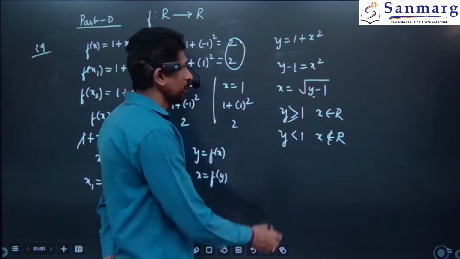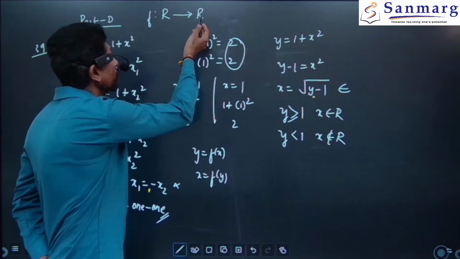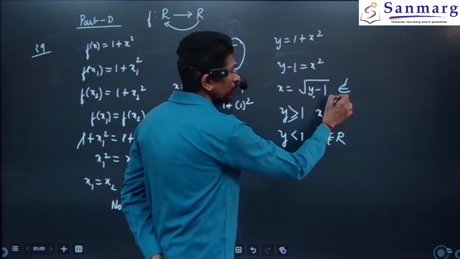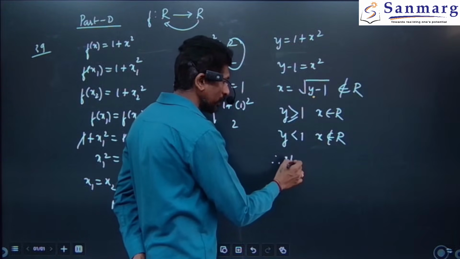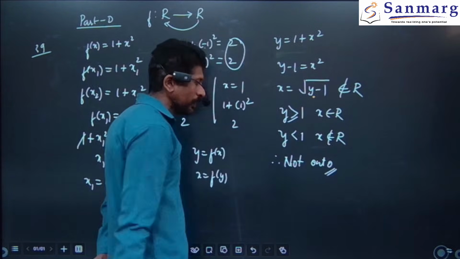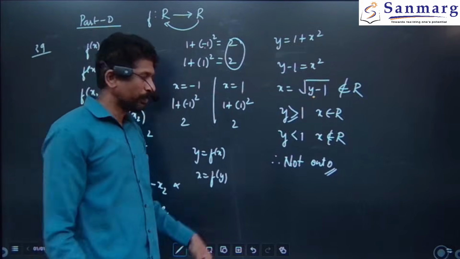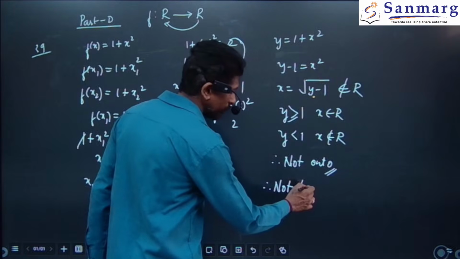So therefore the whole function is now for all real numbers, again it should come as a real number itself. So therefore this does not belong to a real number now. So therefore the function is also not onto now. If the function is not 1-1, the function is not onto, means the function is also not a bijective function.